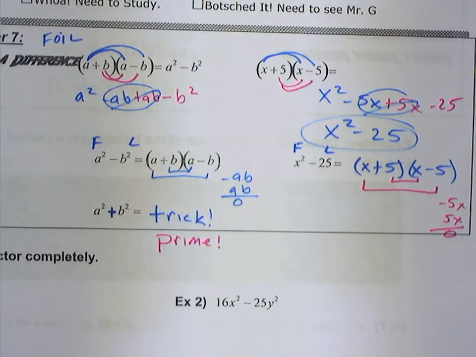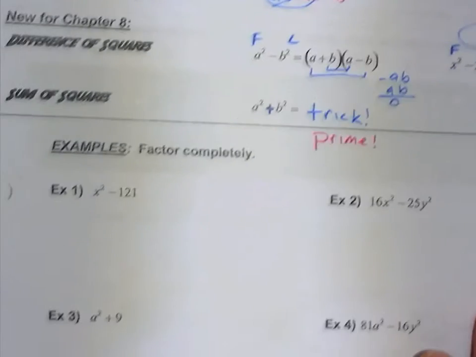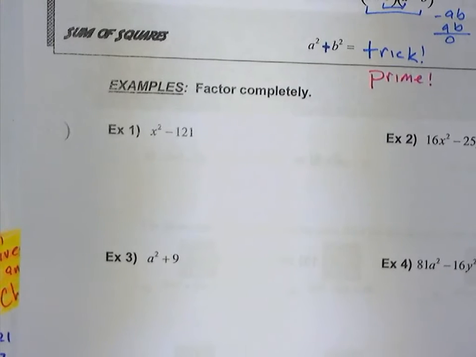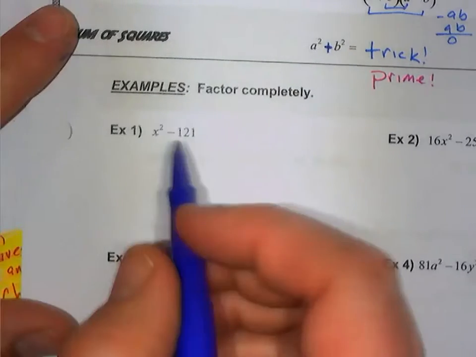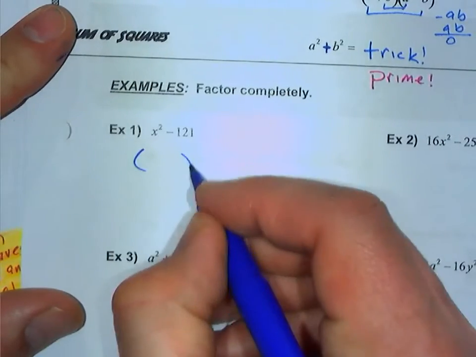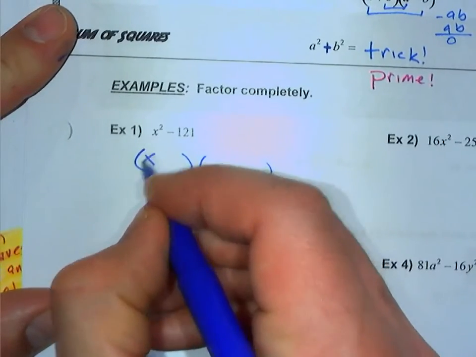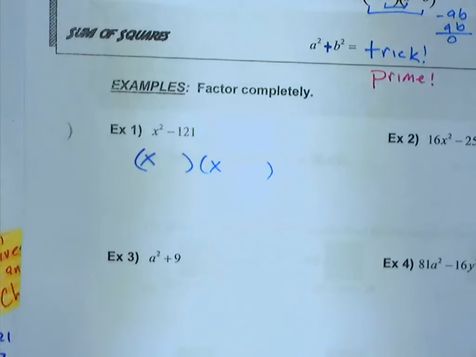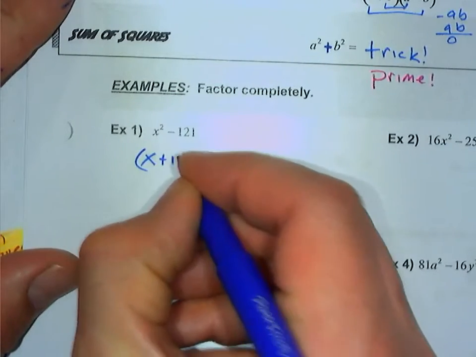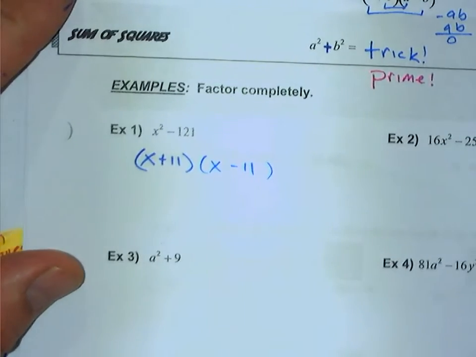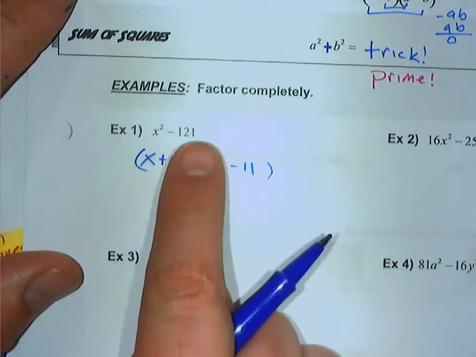All right, so we're not going to do every single one of these, but let's give this a shot. X squared minus 121. All right, factors of x squared. X and x. What are factors of negative 121? They're exactly the same, but one's a plus, one's a minus. No. 11 and 11. Yeah. One's a plus 11, one's a minus 11. So 11 times negative 11 is negative 121.